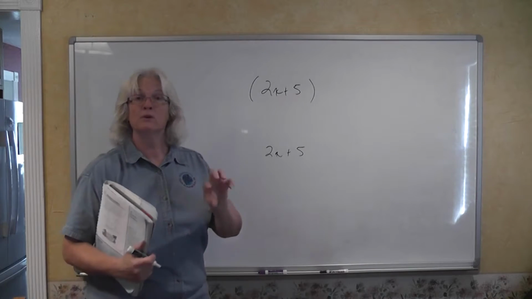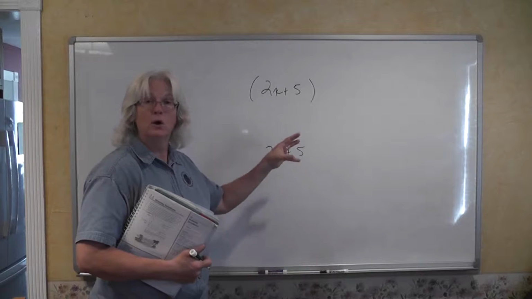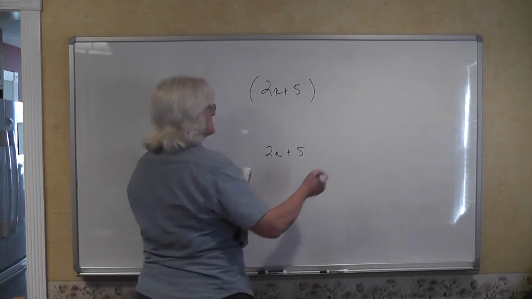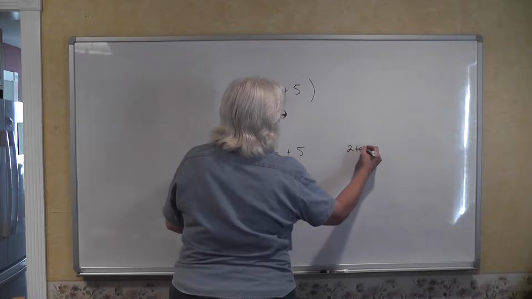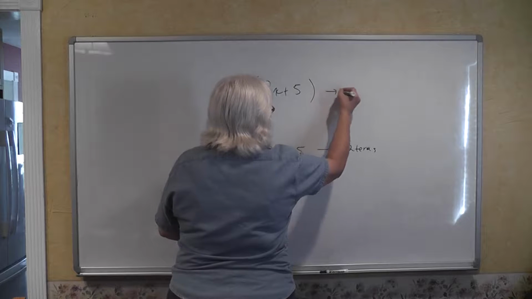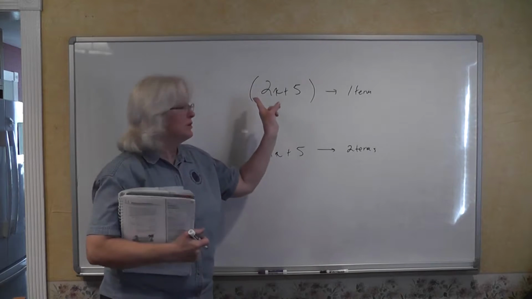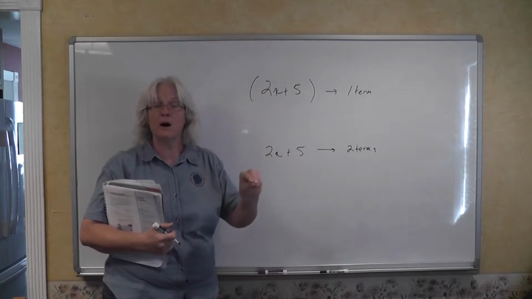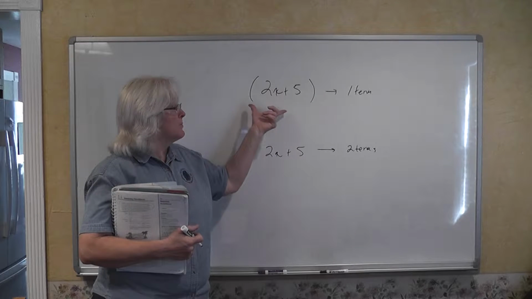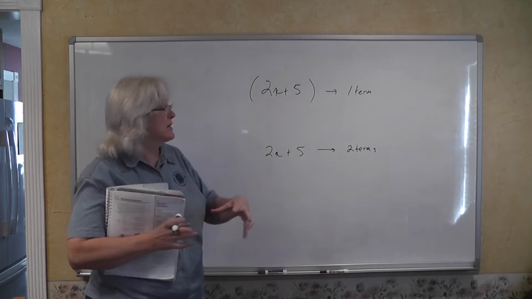Remember I said that the way you tell terms is if they're separated by an addition sign or a subtraction sign. So here we have two terms, 2x plus 5. Here, however, we just have one term. Even though the 2x and the 5 are separated by an addition symbol, the parentheses overrides that general rule and says treat all of this together.